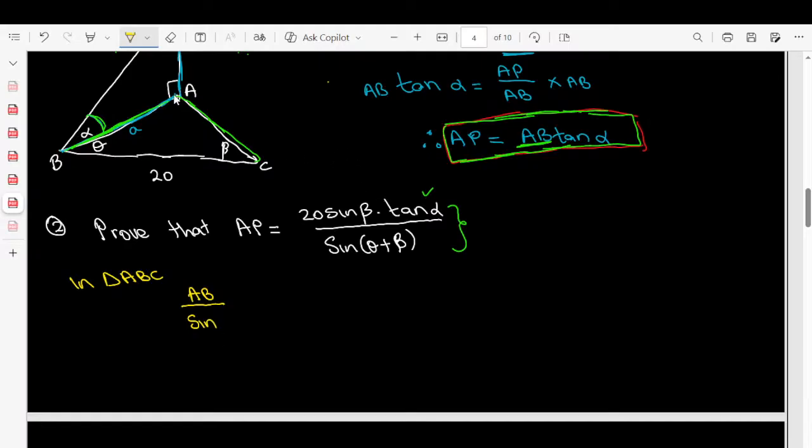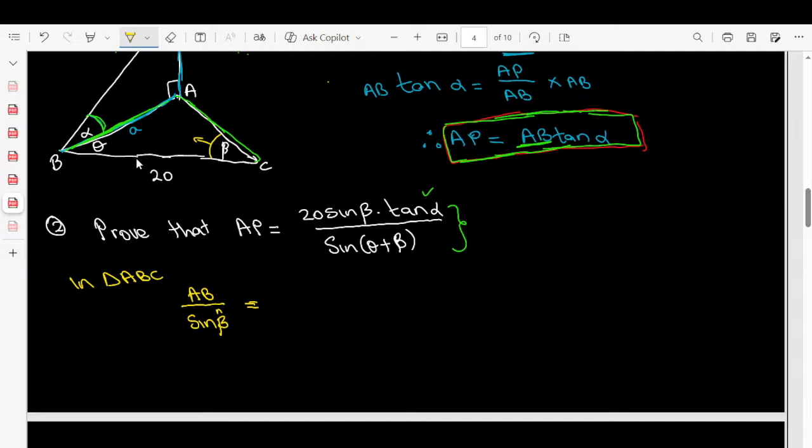Because if you are using AB, the opposite side to that AB is this one. So we need to use the angle of beta. So this will be the sine of beta. Then we're going to equate these two. Look at this. We have AB because we are looking for AB. We have it in our equation.